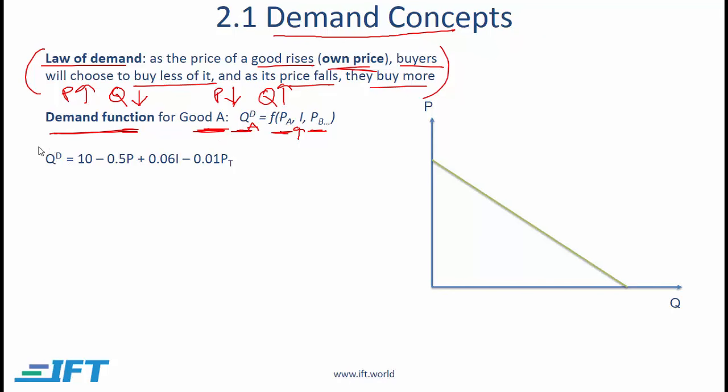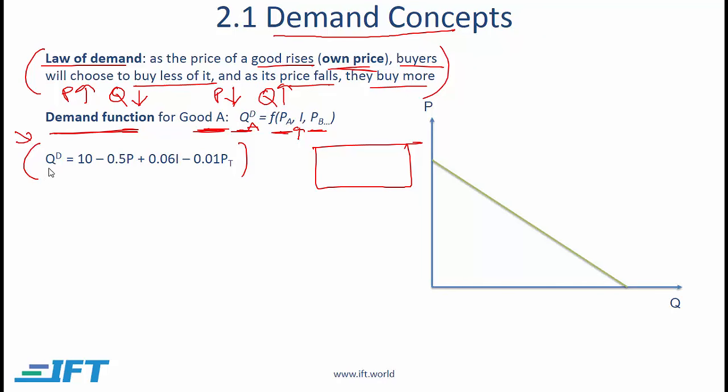Now here is one particular demand function. So let's continue with the chair example. We can say that in a given small town there is a demand for chairs, and the demand function is given by this expression. Now you don't need to know exactly where this came from. In the exam world, you will typically be given the demand function.